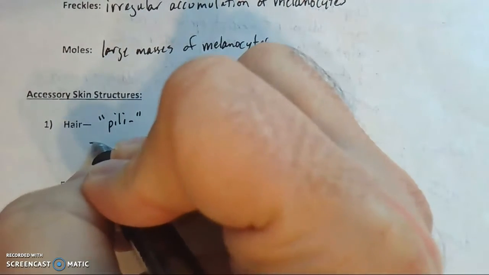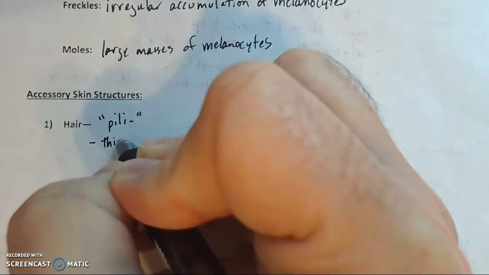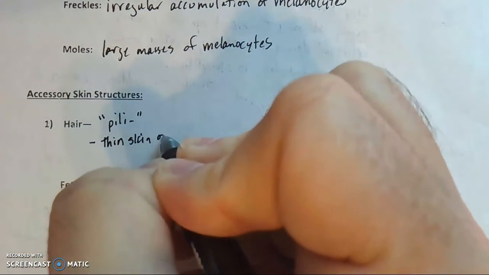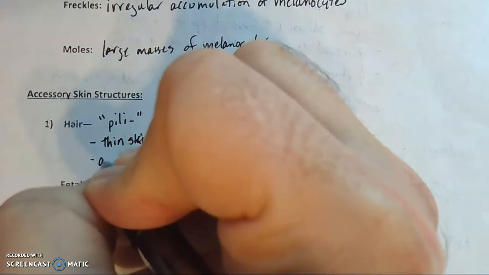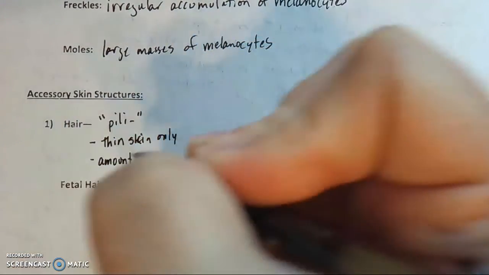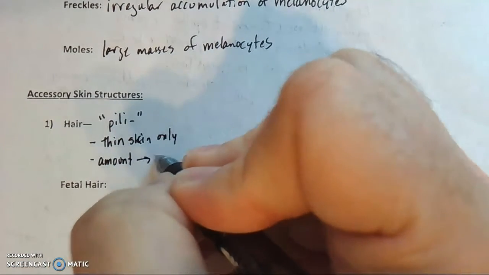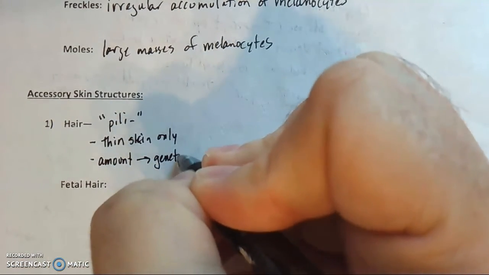And again, as a review, this is on thin skin only. Our definition of thin skin was skin that can grow hair or has the potential to grow hair. It doesn't mean that it does. The amount of hair somebody has on their body is usually due to genetics.